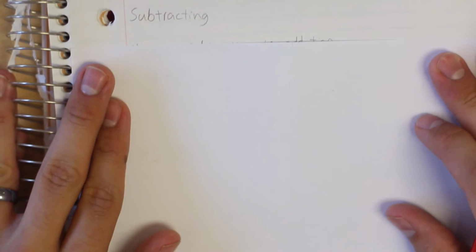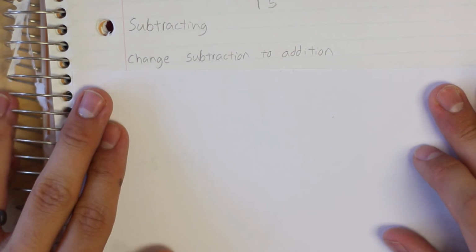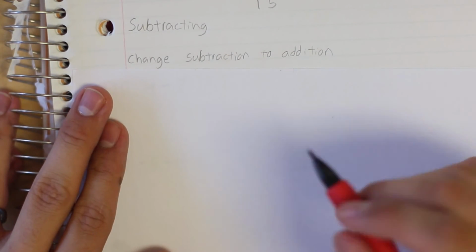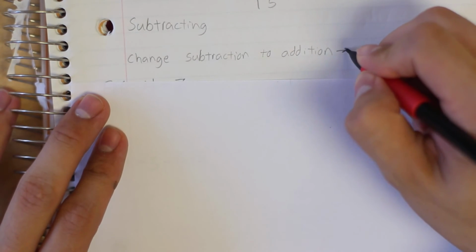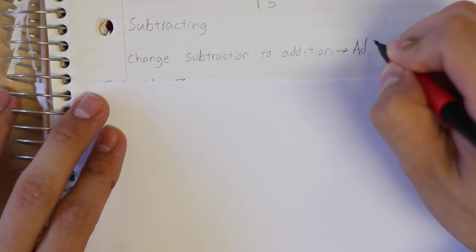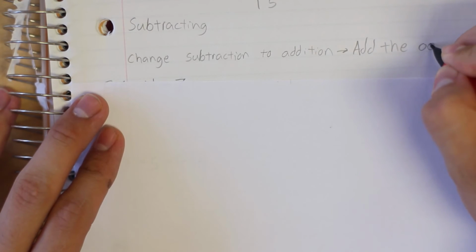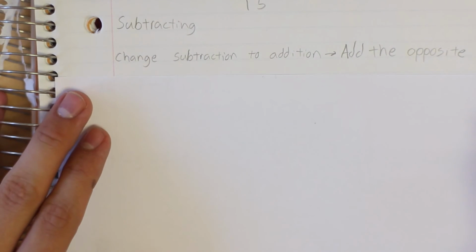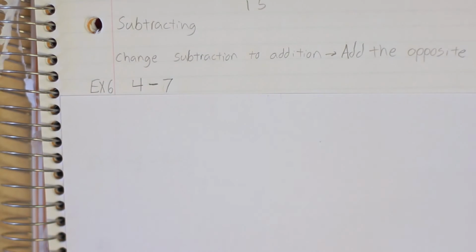Now let's take a look at subtracting. Subtracting with integers, negative and positive numbers. So here we have a little bit of advice. Change subtraction to addition. Now to do this, you're going to have to do something called add the opposite. Okay? This is known as adding the opposite. So let's, for instance, say, for example 6, we have 4 minus 7.